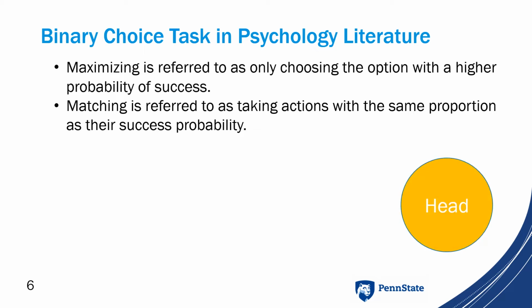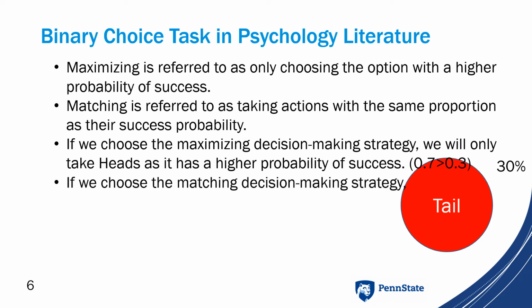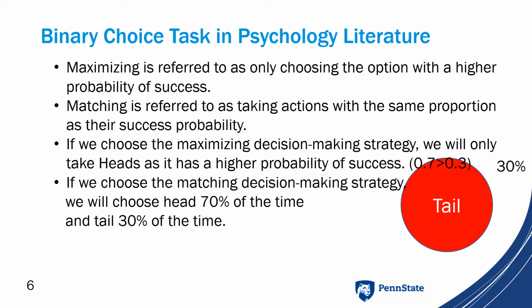For example, in our game, if we assign the probability of head appearing to 70% and probability of tail to 30%, if we choose maximizing decision-making strategy, we will only take head as it has a higher probability of success. If we choose matching decision-making strategy, we will choose head 70% of the time and the tail 30% of the time, which is the same as their probability of appearing.